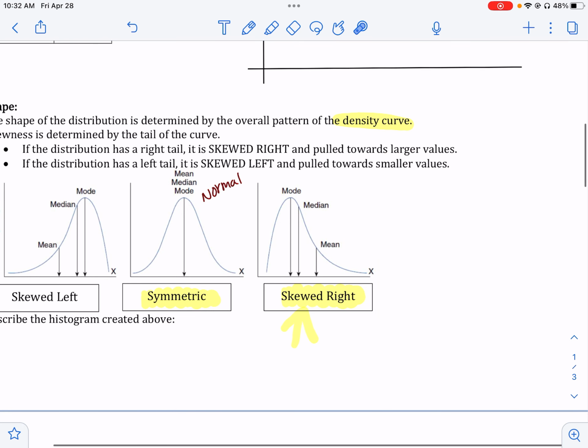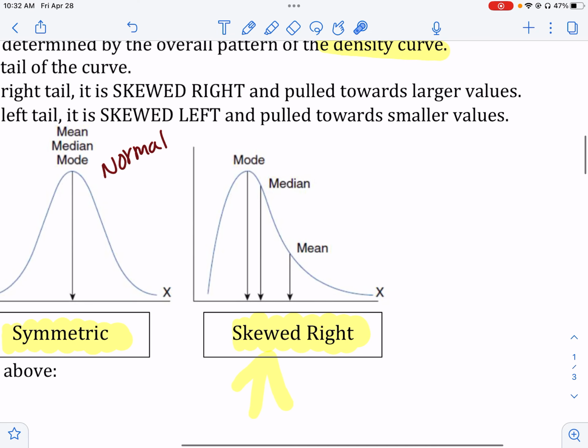And so anything that is skewed to the right is going to pull towards those larger values. So you're going to have the majority of your data here in your lower values, but as you get into those higher ones, you're going to keep getting one or two more into the next class. Notice here, if your data is skewed to the right, your mean is going to be a larger number than your median.